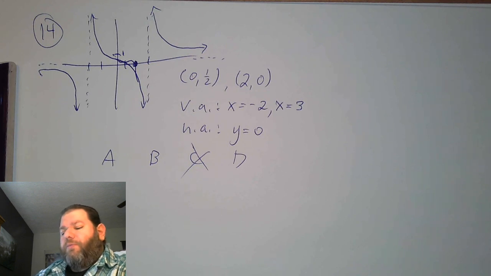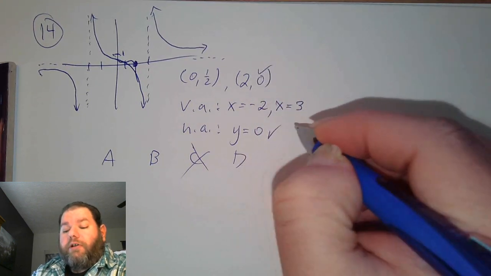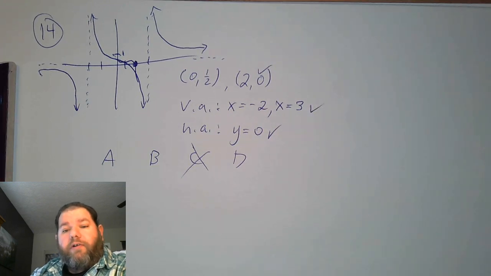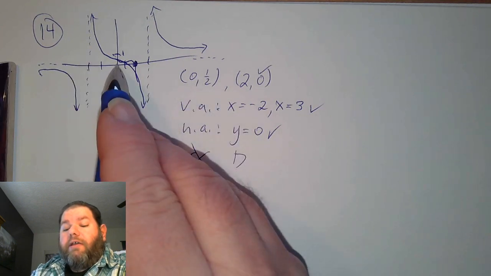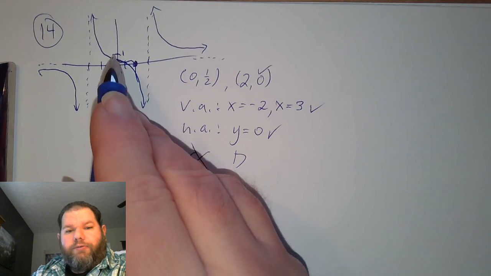I think what's going to be most helpful here is the 0, 1/2. All of these have the 2, 0, all of them have a horizontal asymptote, and all of the remaining 3 have the correct vertical asymptotes. So this is the last clue that we have, that it goes across the y-axis about halfway between 0 and 1.